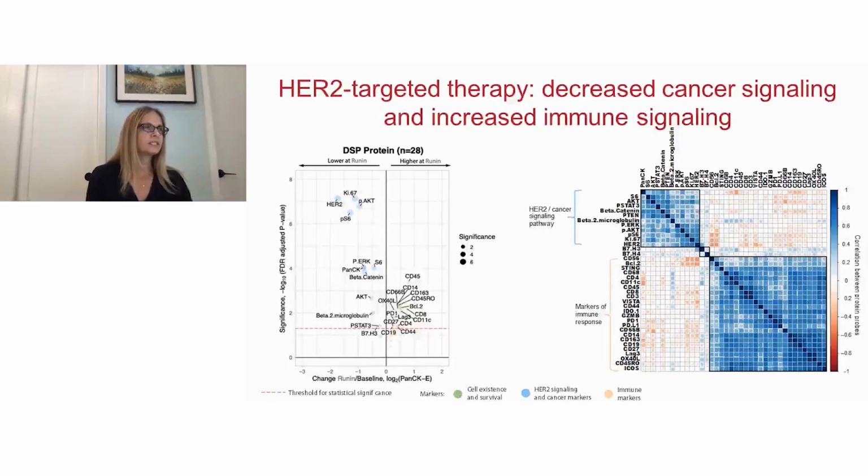And in fact, we see an enrichment and upregulation in a variety of immune markers. And just looking at a correlation plot, we see that, in fact, many of the tumor markers are very tightly correlated and anti-correlated with the immune markers.